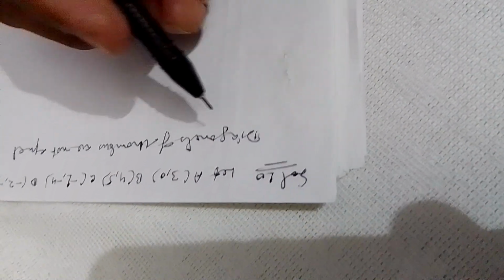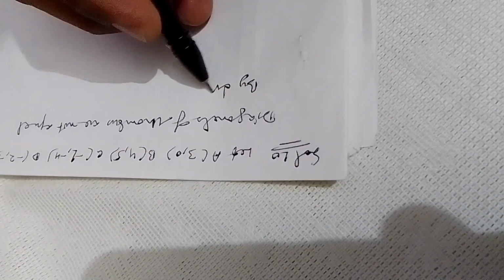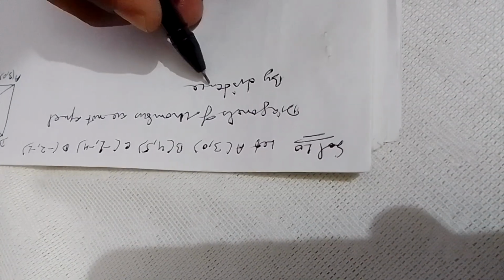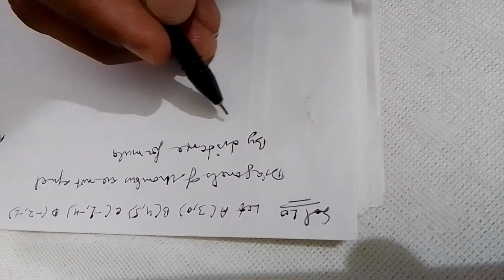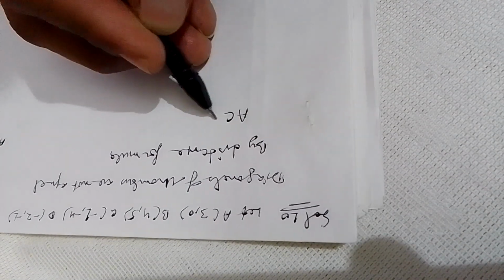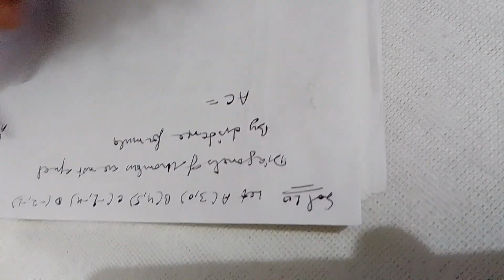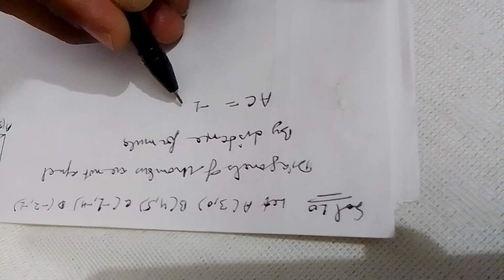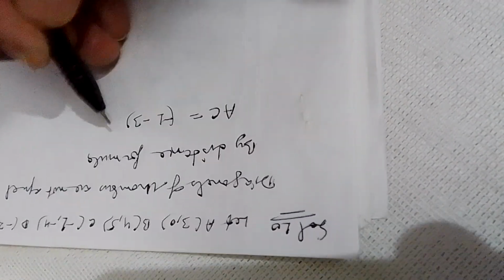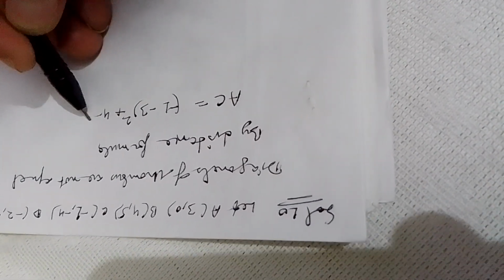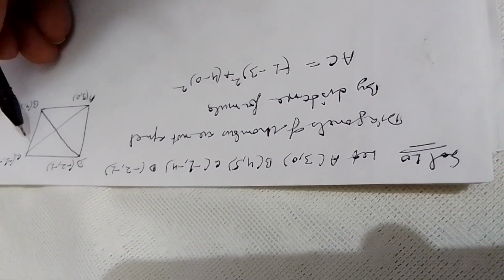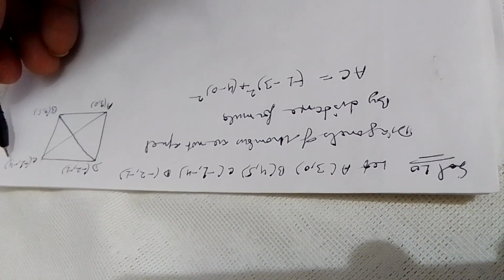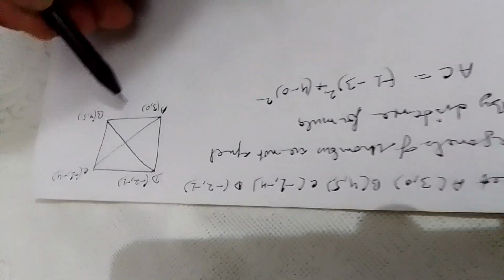So by distance formula, we will calculate diagonal AC, A to C, that is under root minus 1 minus 3 square plus minus 4 minus 0 square, that is x3 minus x1, y3 minus y1.